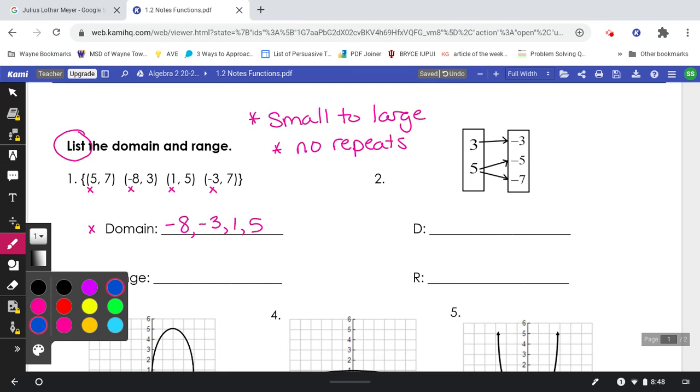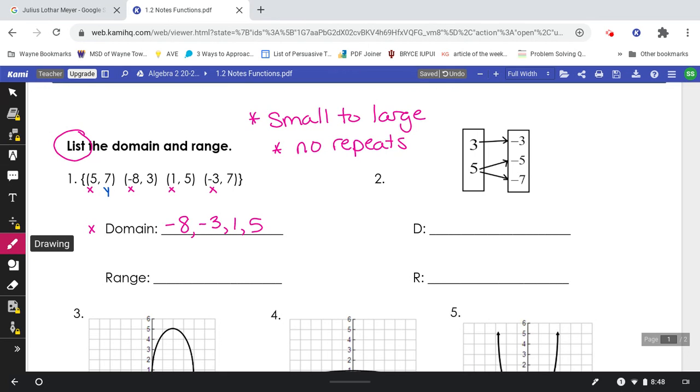And then for the y's, the range, it's the second number in each pair. The smallest number I see for the y's is 3, followed by 5, 7, and then I see another 7, but there's no need to repeat that 7. So just write the 7 once, and that's fine.